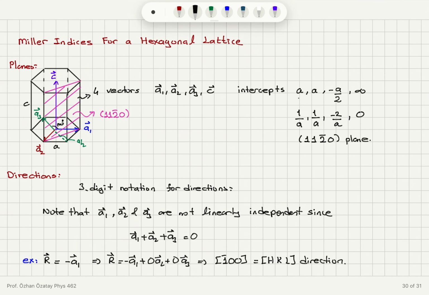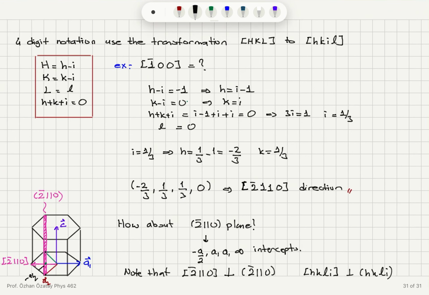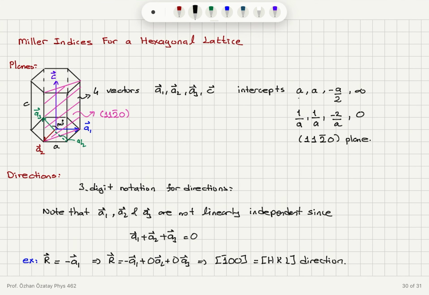For hexagonal lattices, we have a 4-digit notation, HKIL, and for the planes, we again follow the same procedure. We find the intercepts, take the reciprocals, reduce by the highest common factor, and label the plane using parentheses.